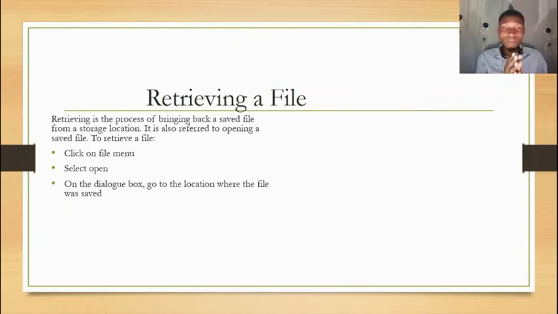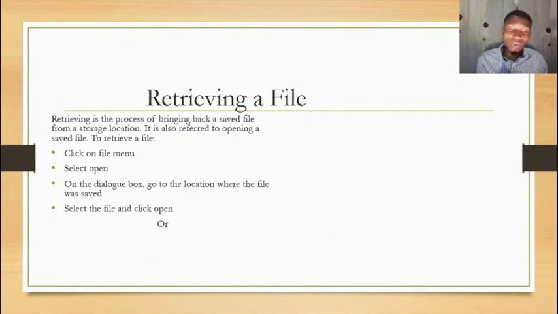On the dialog box, you're going to move to the location where you saved the file you want to open, the document you want to open. So when you go to the location, you select the file and you click on Open. And it's going to open the file. So that's the first option.